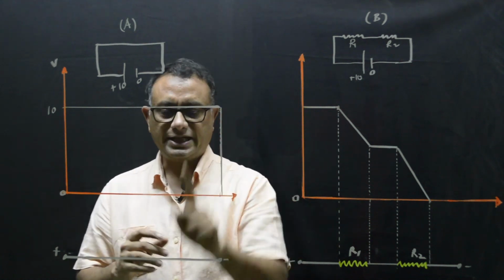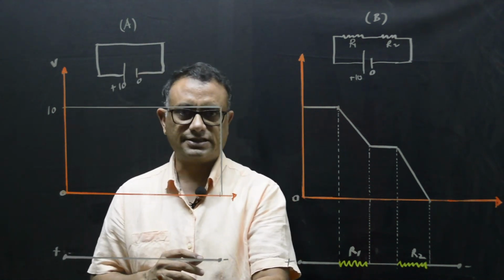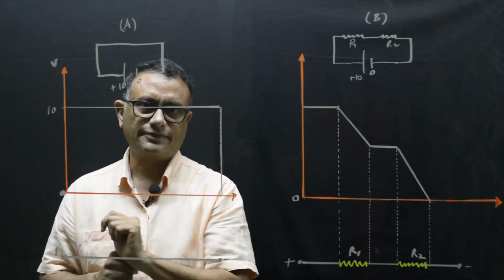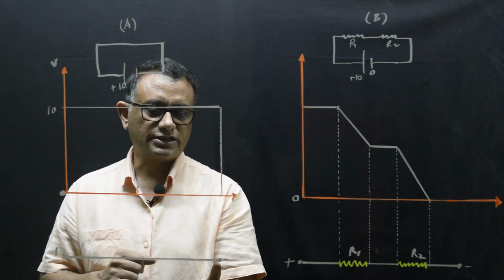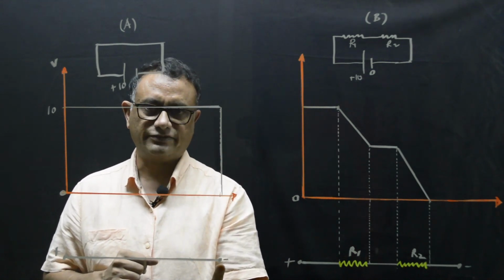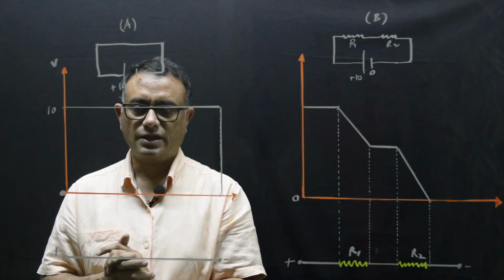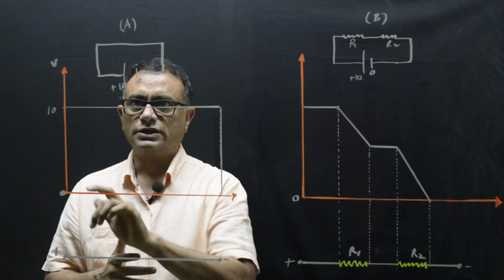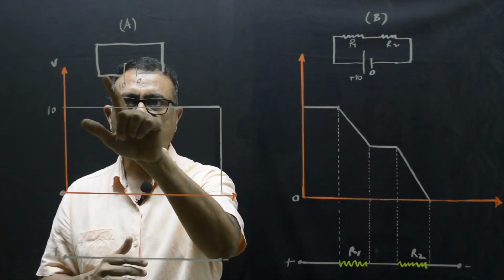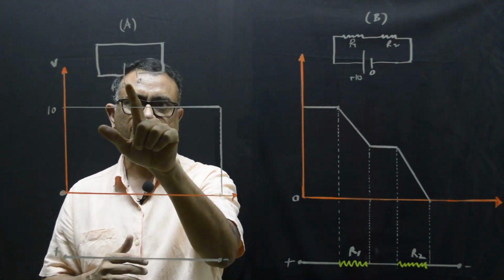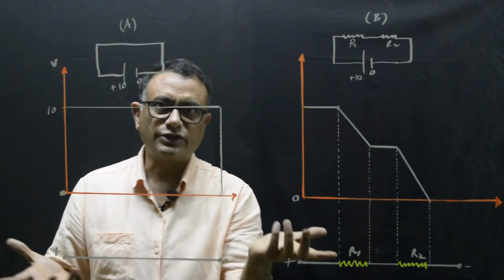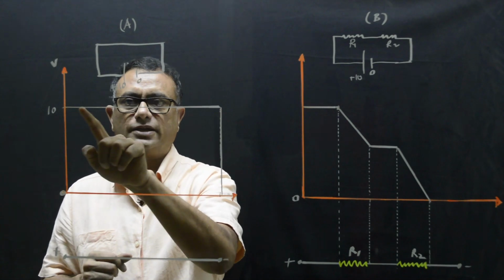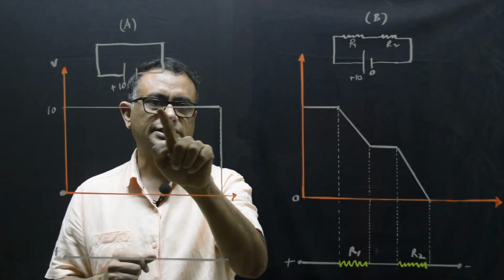I can explain this diagram by drawing a simplified version of it. This plus 10 is this point and this 0 is here. We can call this negative or we can call it 0. If I draw a potential graph here, all points connected to the positive terminal, because there is no resistance, will be at plus 10 volts itself.